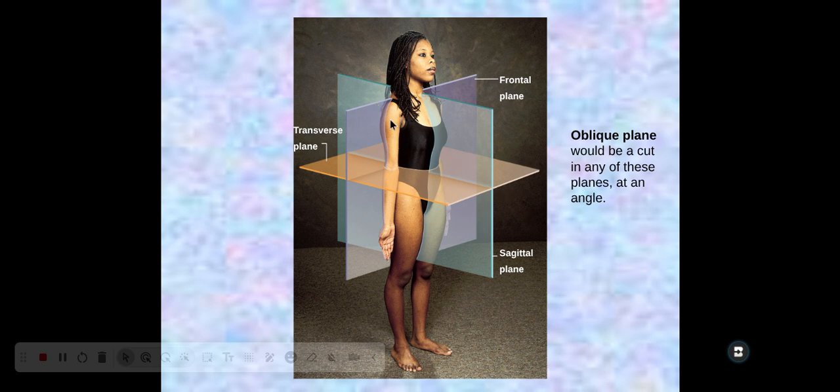Remember, oblique plane just comes through at an angle. So just understand it doesn't have to be through the whole body. If you're getting imaging through the head, you can do sagittal plane or coronal plane through the head. You can also do it through the abdomen, depending on what the imaging is for.